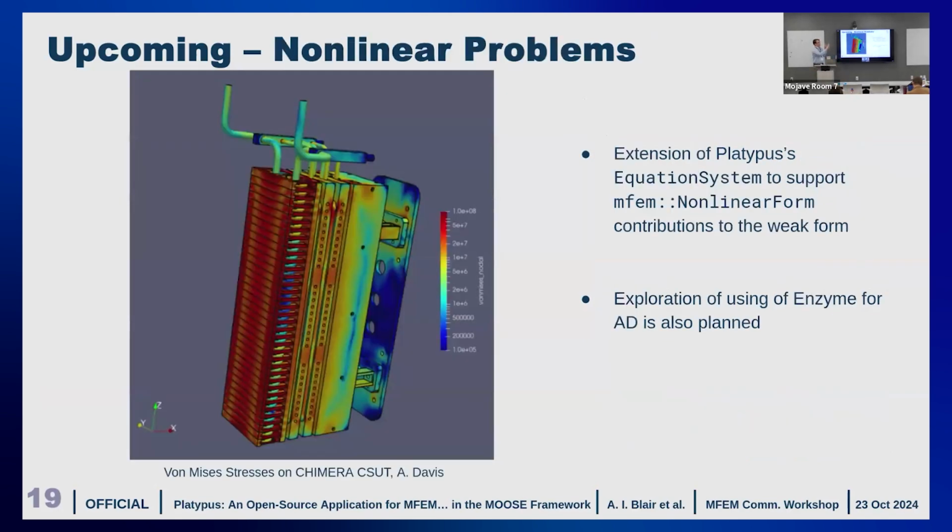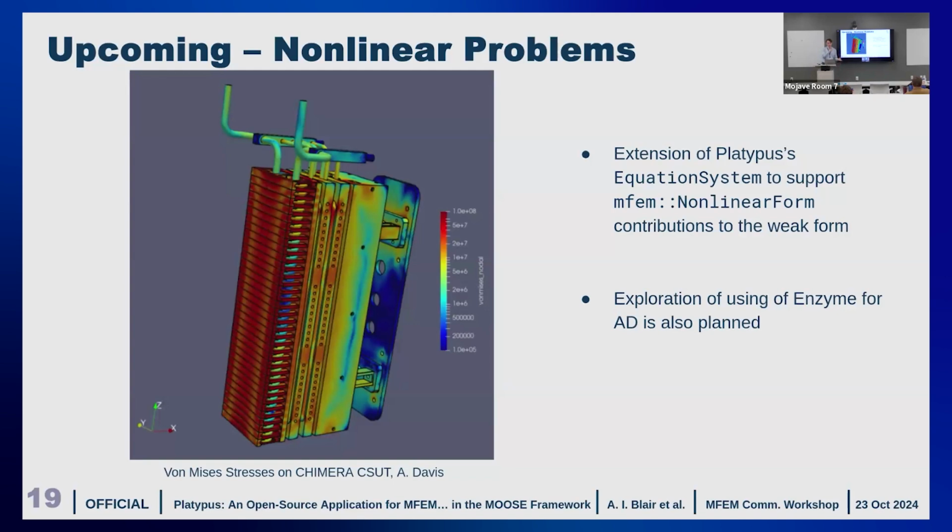The direction of travel, and what we really want to tackle, are the large nonlinear multiphysics problems of the type that are currently being solved by the organization. This is a picture of a commissioning sample test for CHIMERA, simulated by Andy Davis. That's really part of our facility to help validate our codes.